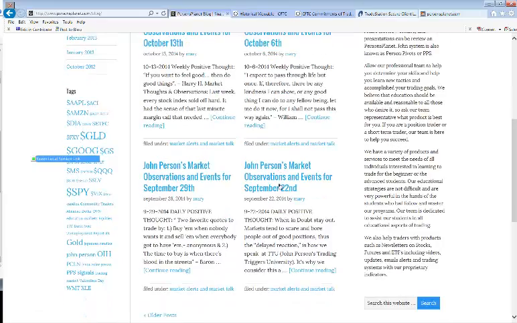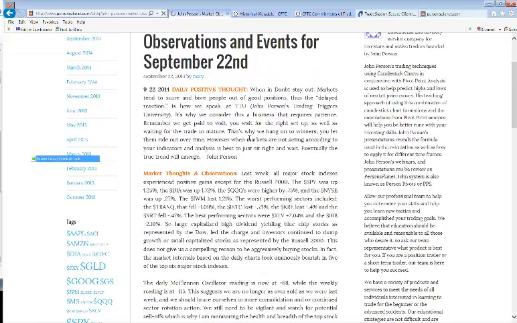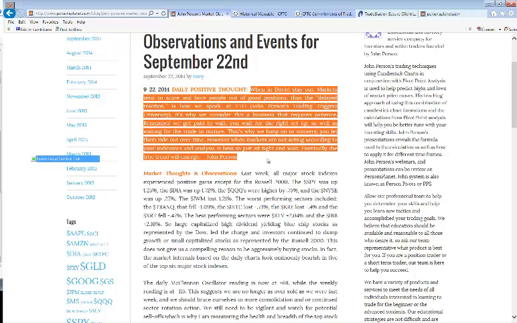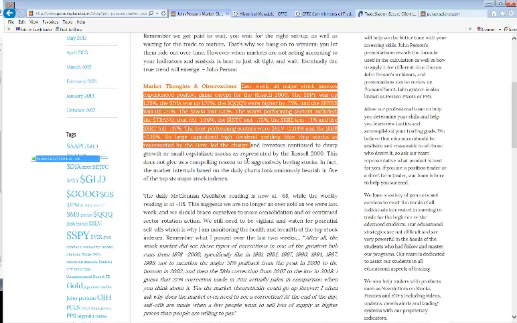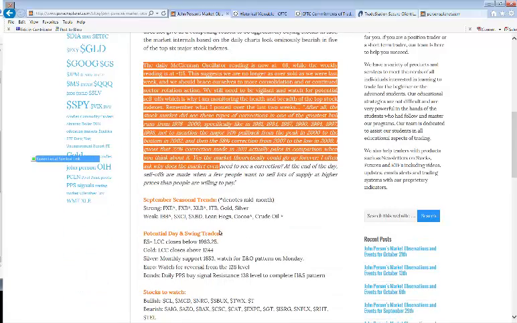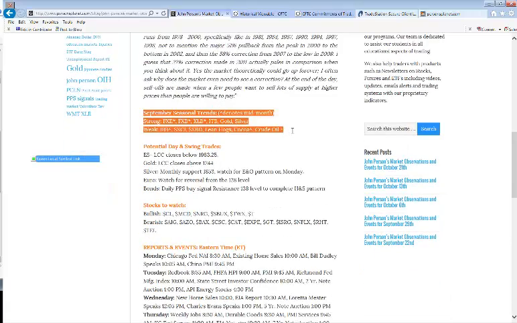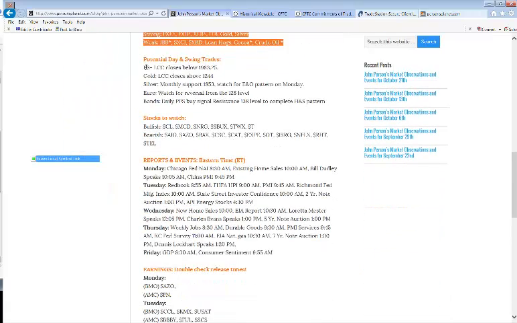It's an article. If you look at maybe even the 22nd of October, we start off with a daily positive thought. We talk about what the markets are doing. I talk about the daily McClellan oscillator and what we're looking for in a correction. I give out seasonal trends of the market and potential swing trades. If we get a close below 1983 and a quarter, a close below that level is going to mark more downside.